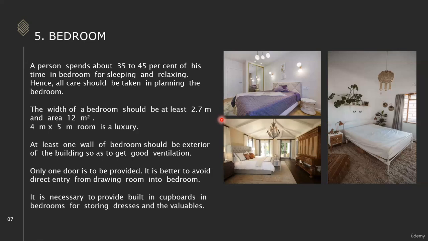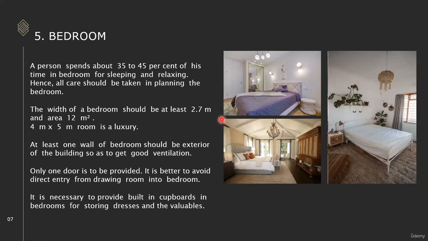It should not be behind the bed. If you provide the door or the window behind the bed, then it will always be in our minds whether the door is closed or not, whether the window is closed or not, or any privacy issues will come. So we should provide them in the proper direction.